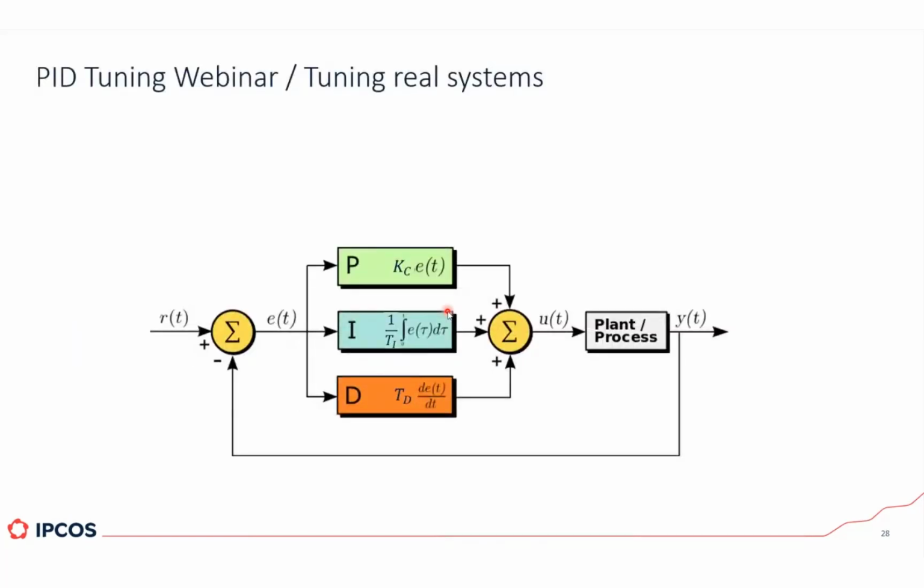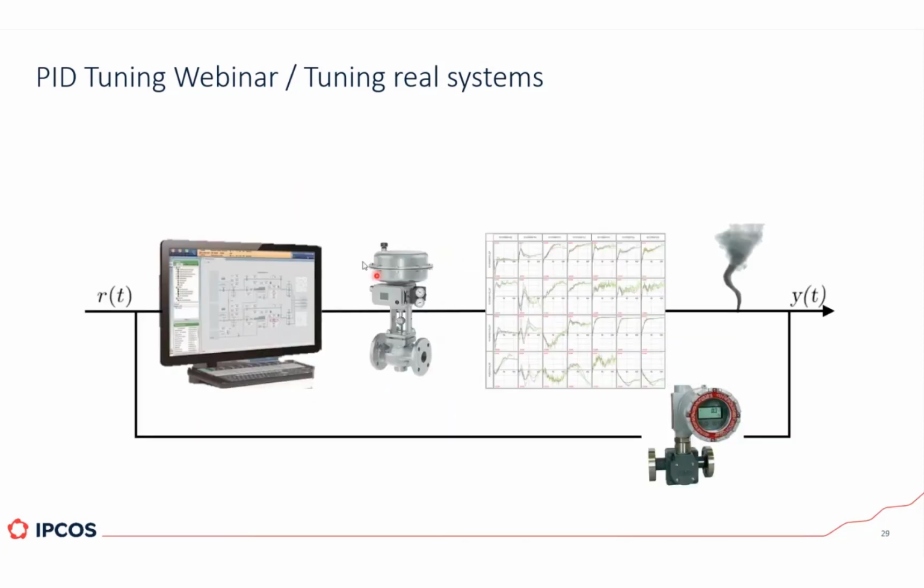So if we go back to that block diagram that we saw before, and we replace it with real components, the loop now is a DCS. So the loop is inside this DCS, and we don't know exactly what equation is used, what the limitations are, or what else is configured in this DCS. The final control element now is a valve, which can have deadband or can be sticky.